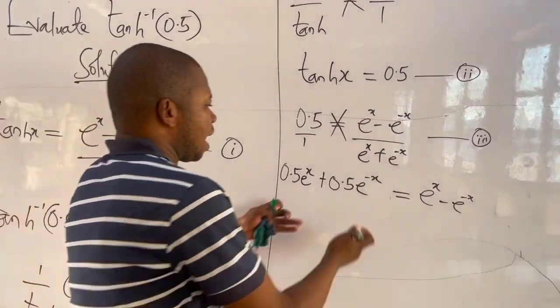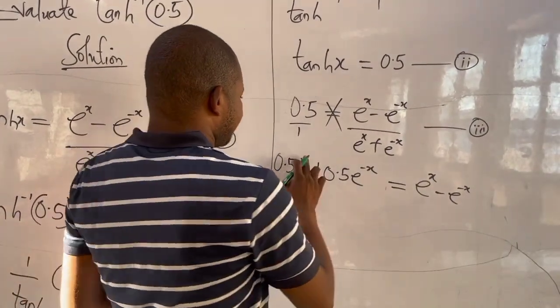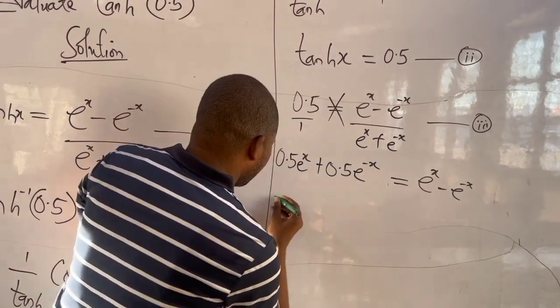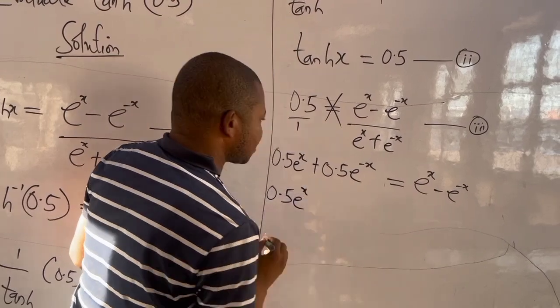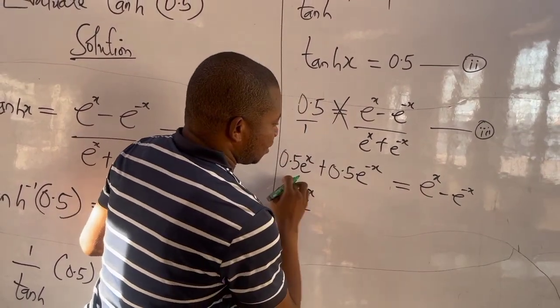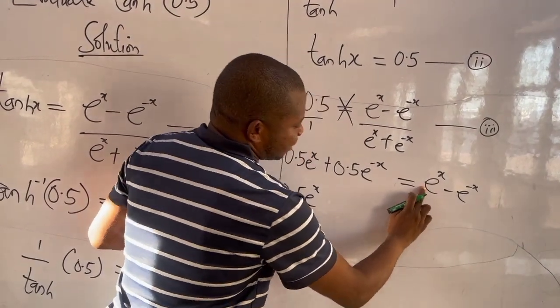What do I do? I collect like terms. Which one looks alike? This is positive, this one is positive, so I'll bring it here together. I'm having 0.5 e^x. This one coming here, before this can get to this side, it will have to cross the equality sign. So the equality sign changes the sign here.